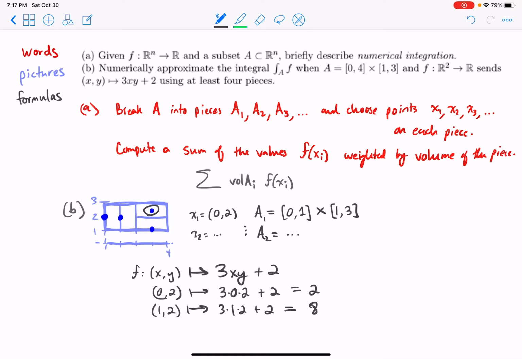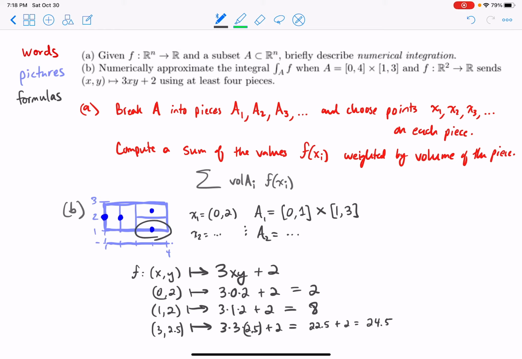This point right here is the point (3, 2.5), and that gets sent to 3 times 3 times 2.5 plus 2. 9 times 2 is 18, 9 times 0.5 is 4.5, so 22.5 plus 2 is 24.5.